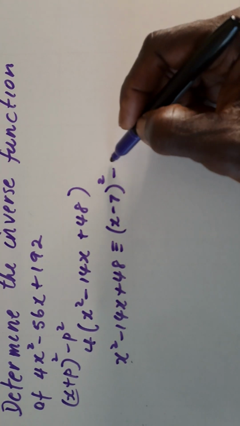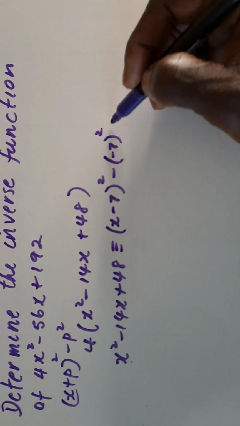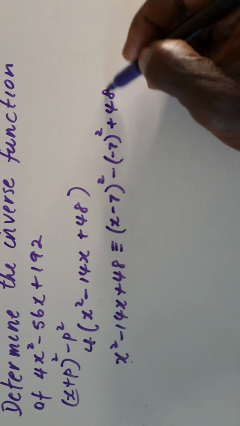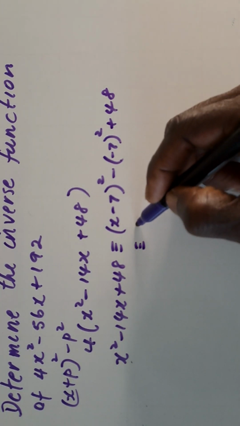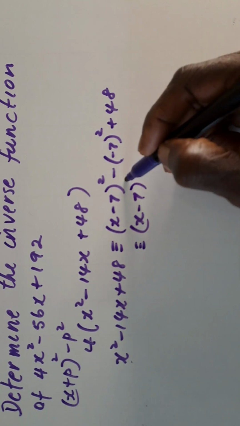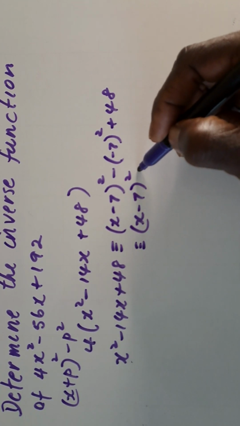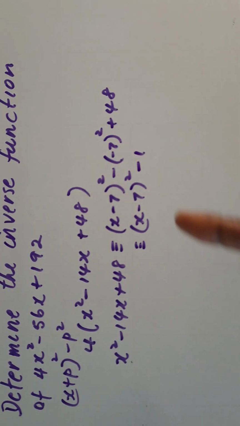So negative 7 squared. And we have the 48. Now this turns out to be (x minus 7) squared minus 1, because this gives us positive 49, so it's negative 49 add 48, which gives us negative 1.